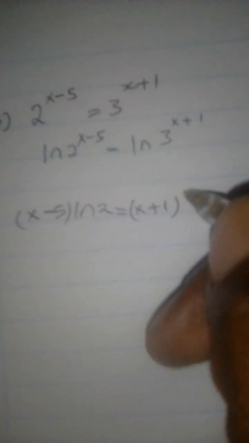So if I have this, it's supposed to go to the front, so I'm gonna have x minus 5 ln 2, which is equals to x plus 1 ln 3.